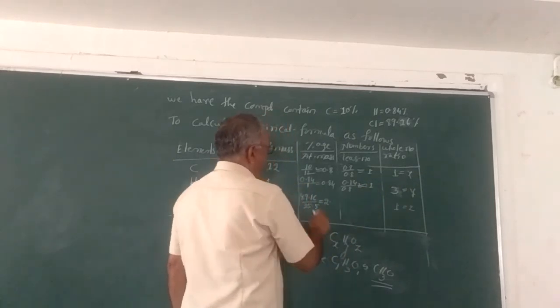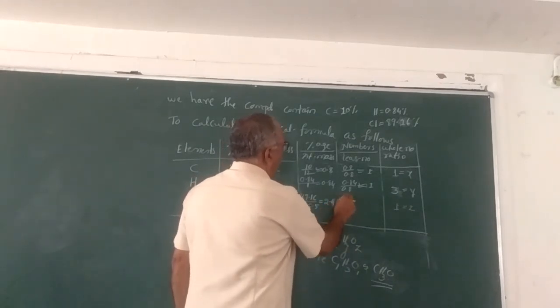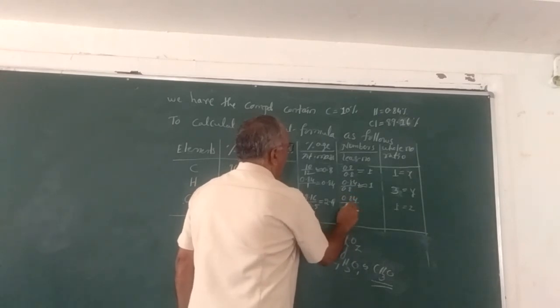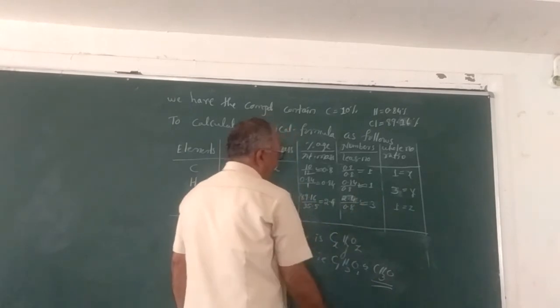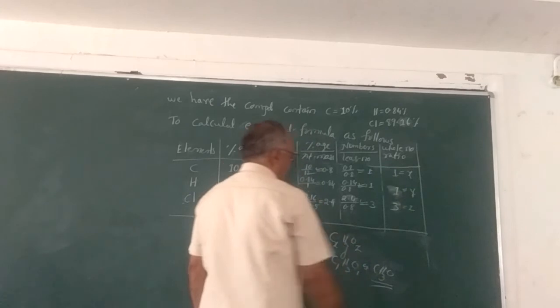And 2.5 divided by 0.83 you will get 3. Therefore this is 1, 1 and this is 3.